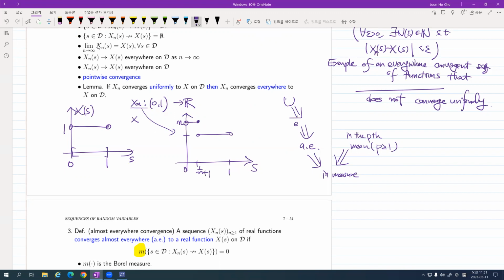So what is the first element of this sequence? x_1 looks like this. Here goes 1/2, and this is 1, and you have 2.